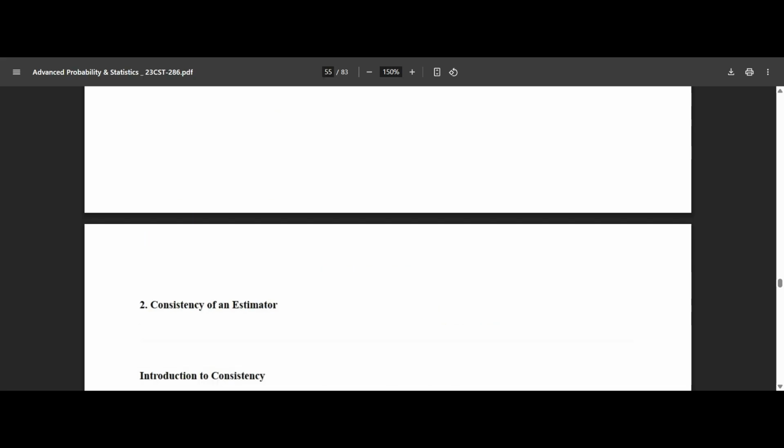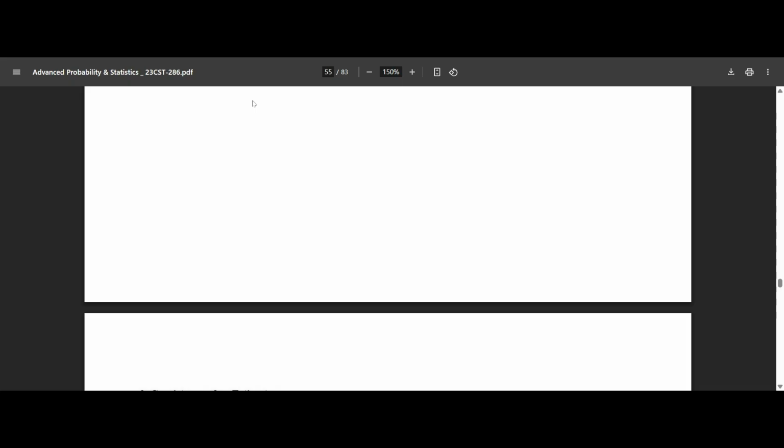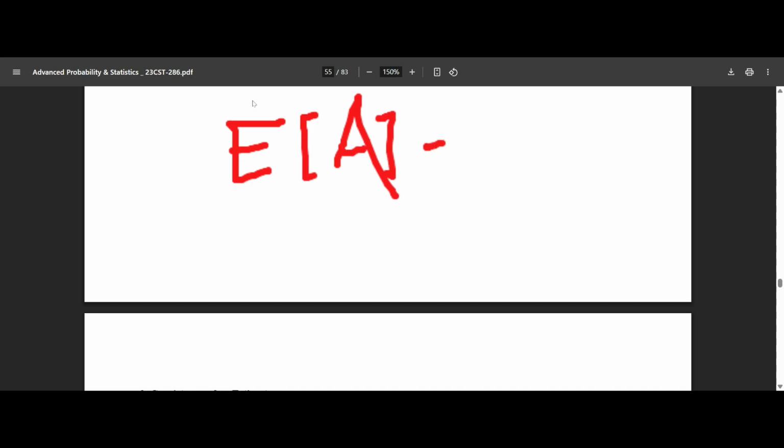Okay, if you just get a question, let me show here: you need to show A is an unbiased estimator of B. So if you simply show E of A equals B, then it's fine. You'll just do it.